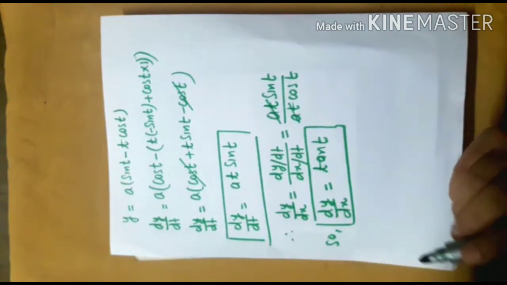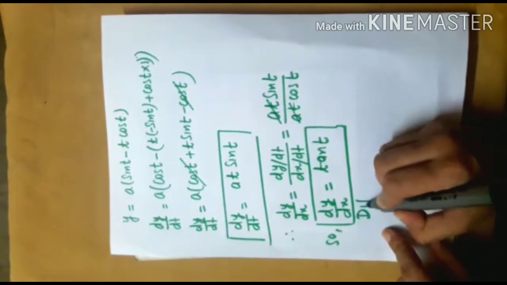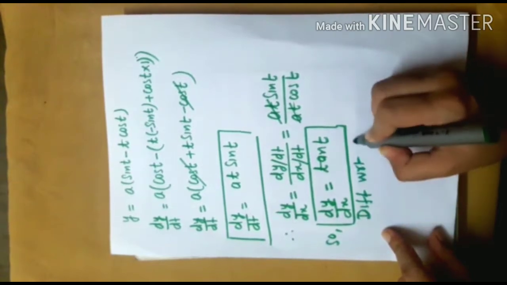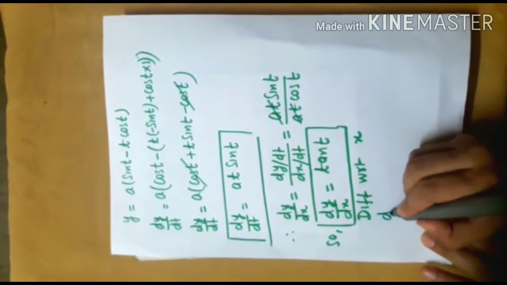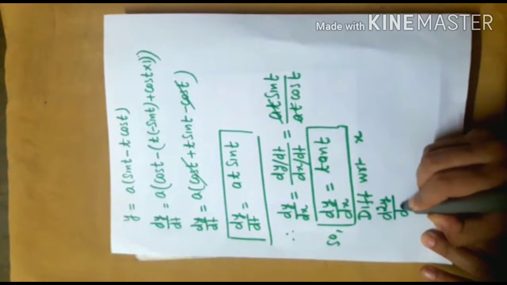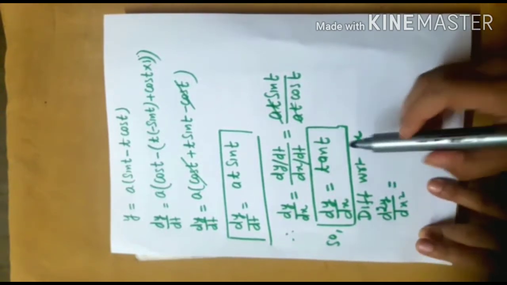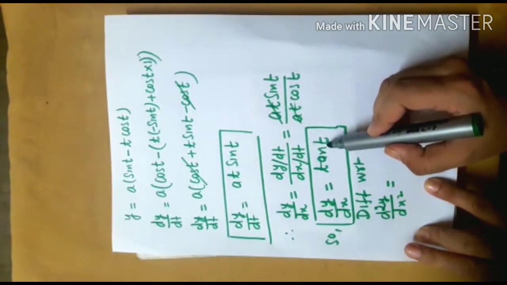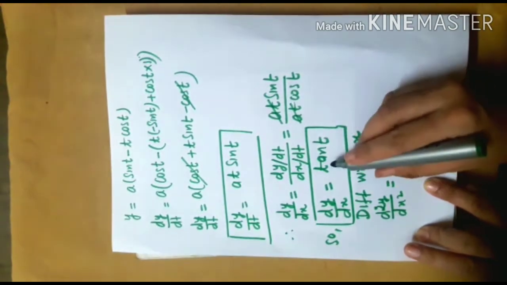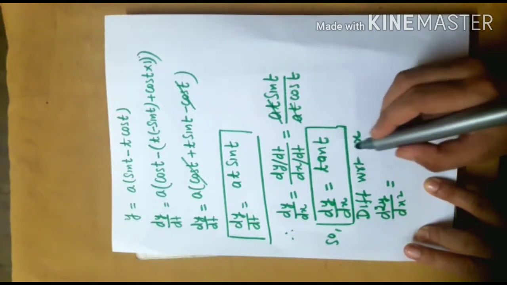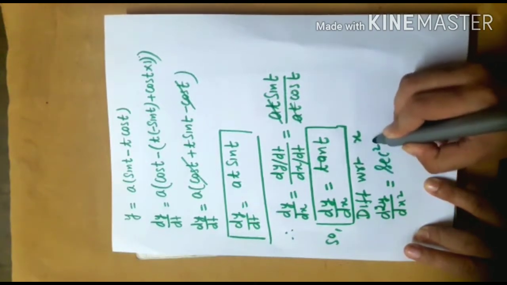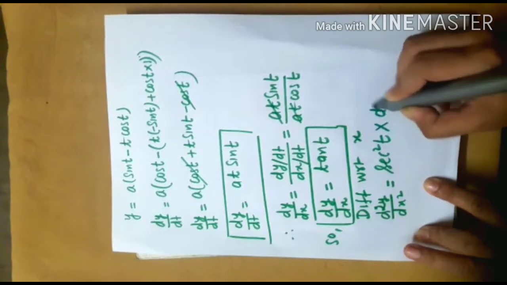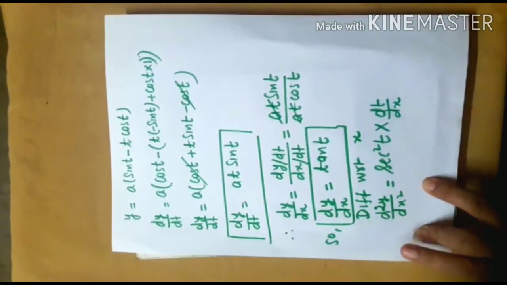I want the second order derivative. So differentiating with respect to x, this will be d square y by dx square. Now I have to differentiate this with respect to x. So first I'll differentiate this with respect to t. So derivative of tan t with respect to t is secant square t into dt by dx.